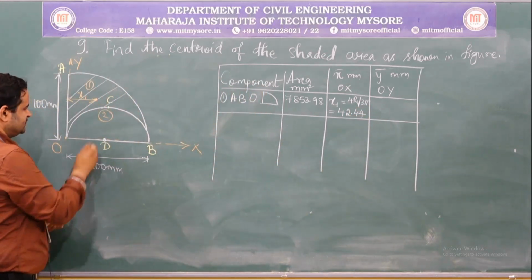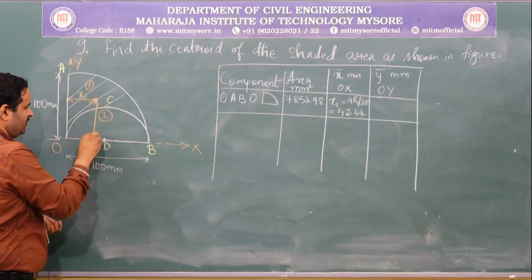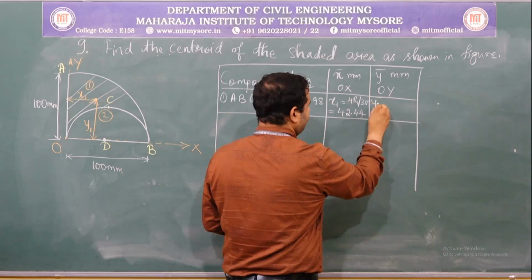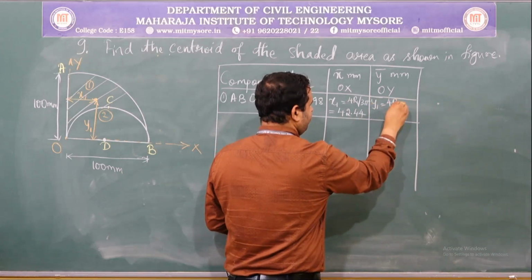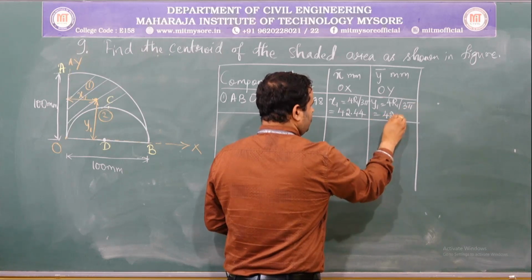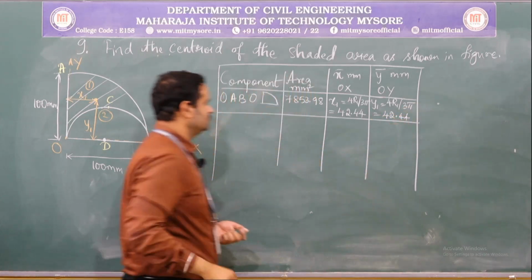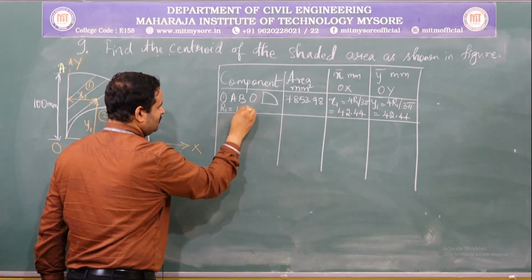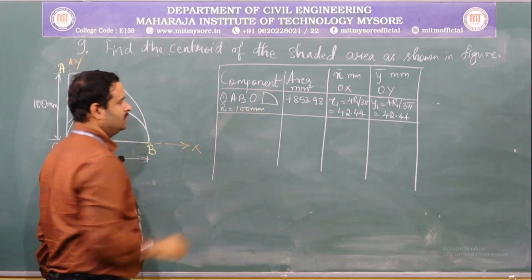Measure it from the OX axis, and this is the y1, which is also equal to 4r by 3 pi, that is equal to 42.44. Let me write R1 equals 100 mm.